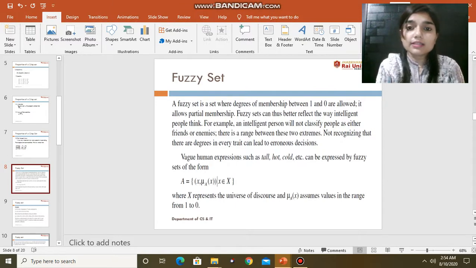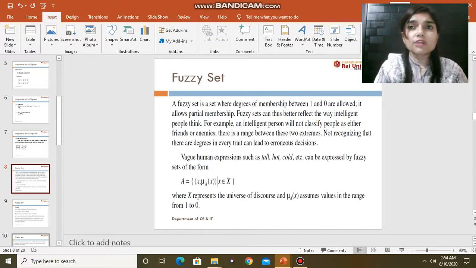For example, an intelligent person will not classify people as just friends or enemies. There is a range between these two extremes. If you have friends, you put them in different categories: one is a best friend, some are common friends, someone is a very close friend, someone does not come into your friend list.